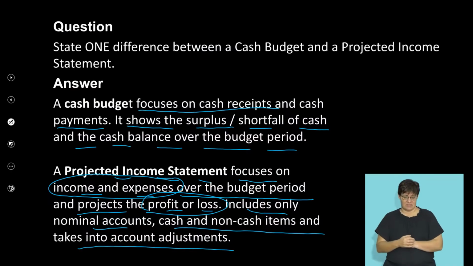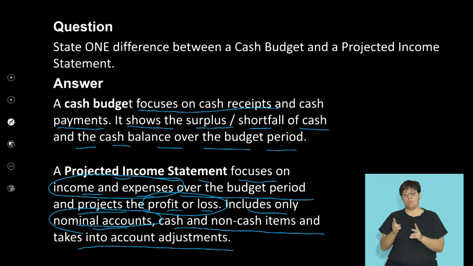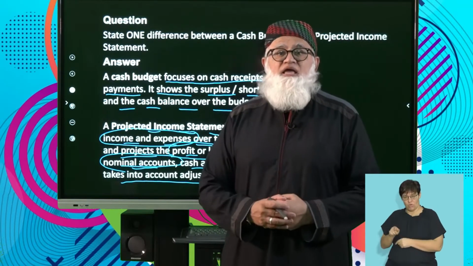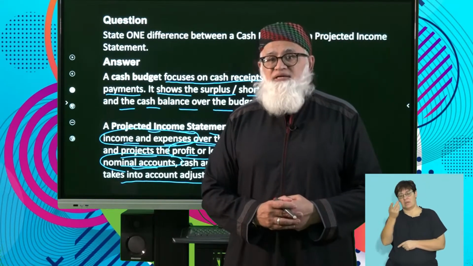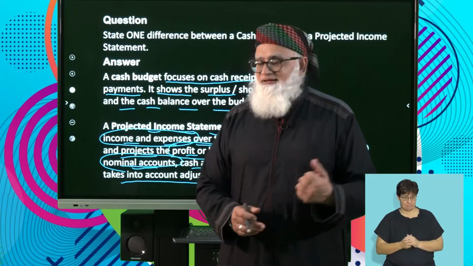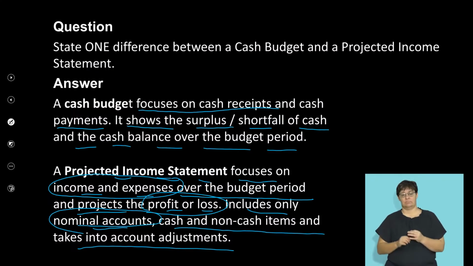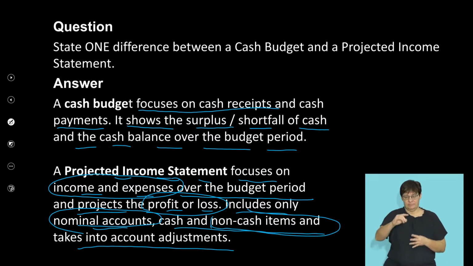Number 3. It only includes your nominal accounts. That means only items that appear in my normal income statement will appear in my projected income statement. Got it? Right. And obviously, I think we're at number 4 now, it looks at non-cash items as well. And what would be your non-cash items?